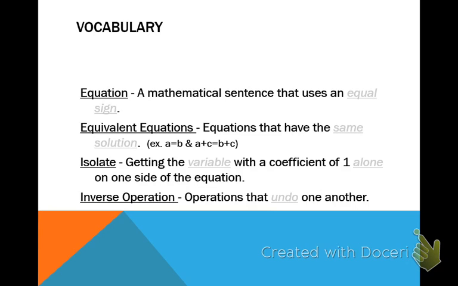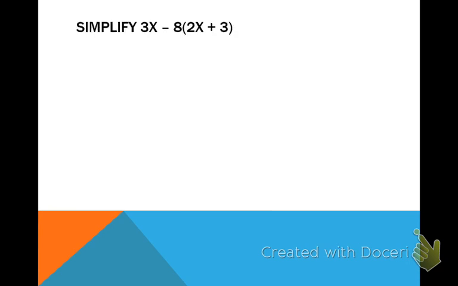Inverse operations are operations that undo one another. We talked about square roots undoing squaring, the square exponent. We'll continue to talk about inverse operations. That's how we isolate variables, by using inverse operations.